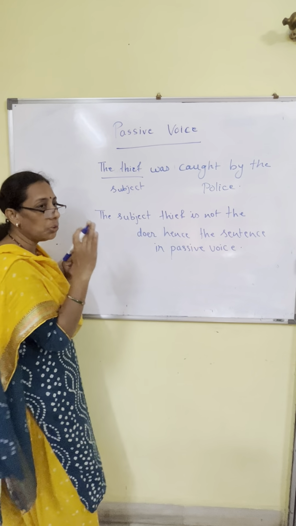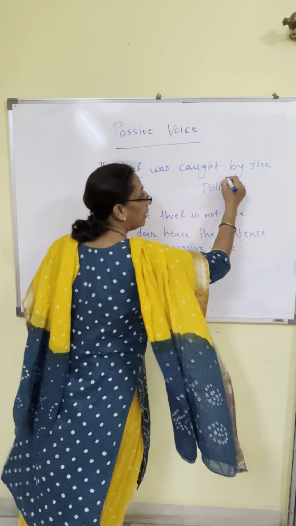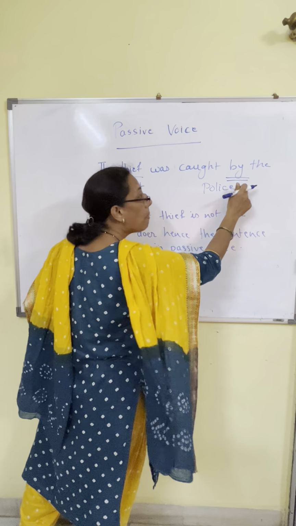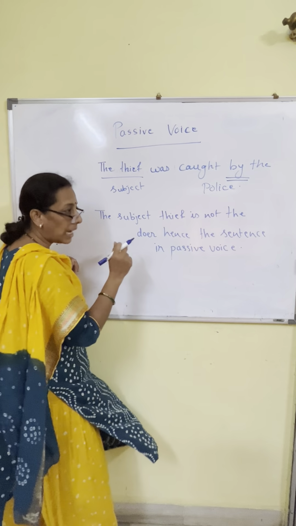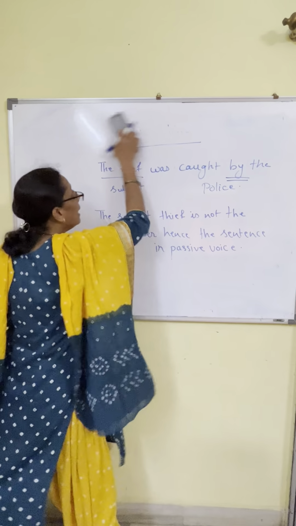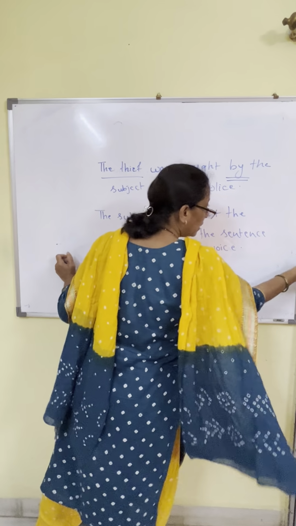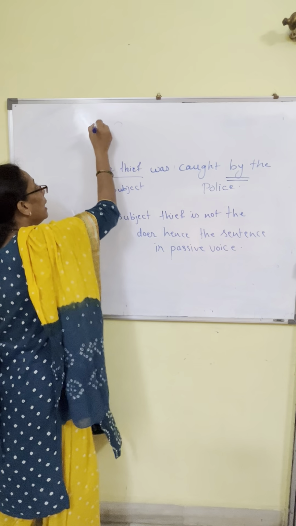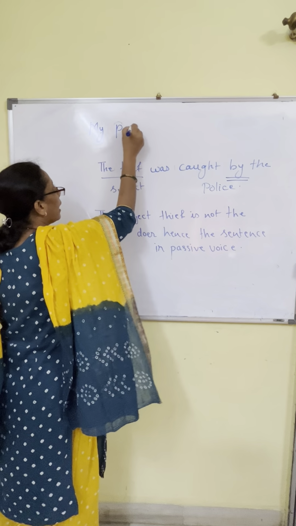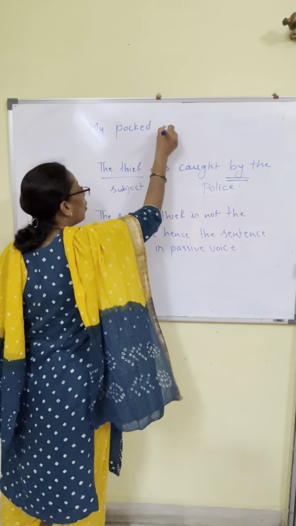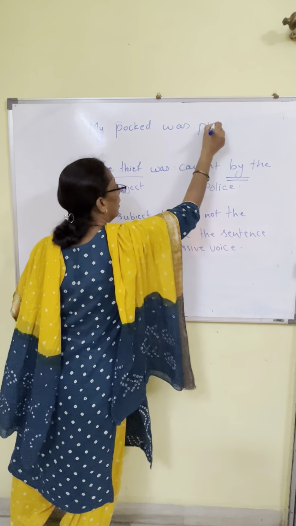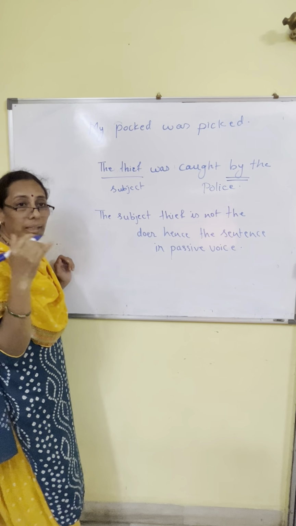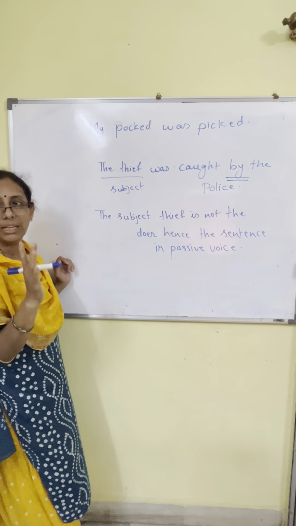Now here, one more. So many times you have to keep in mind that who is doing the action is generally given, and it is given by the police. But many a times what happens, the by is not given. Then the children or students, you all get confused. Like, my pocket was picked. Now in this sentence, the doer or who picked it is not given here.